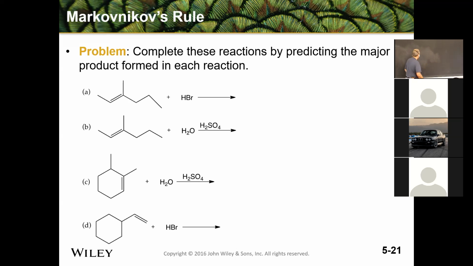All right, and then the last one. The name of this, by the way, would be vinyl cyclohexane. And this is what's called a vinyl group.